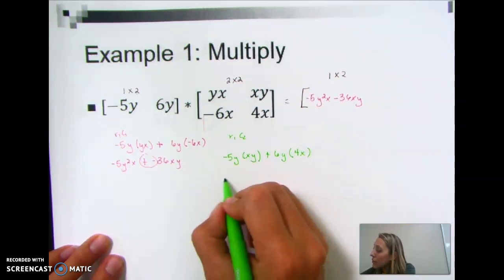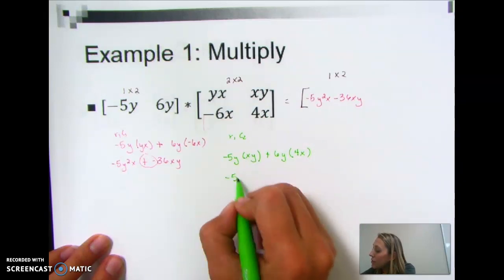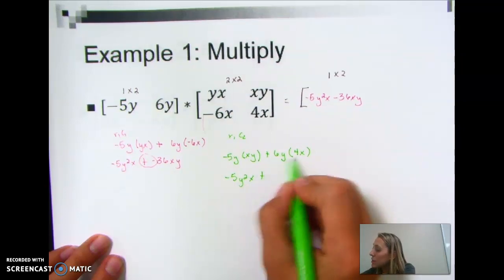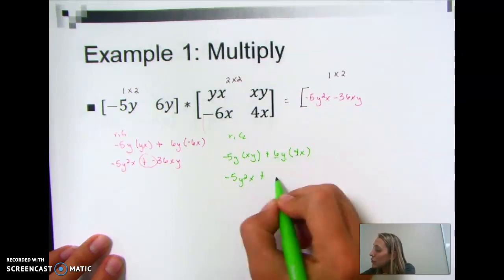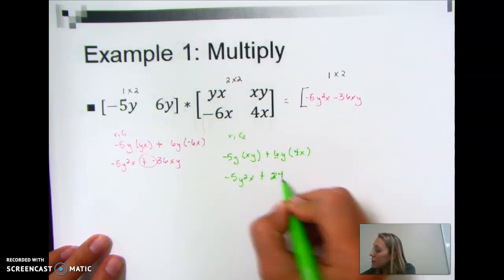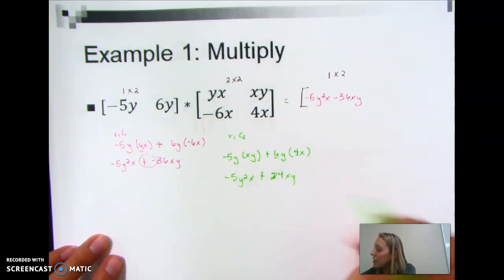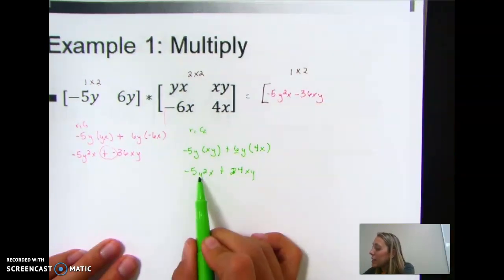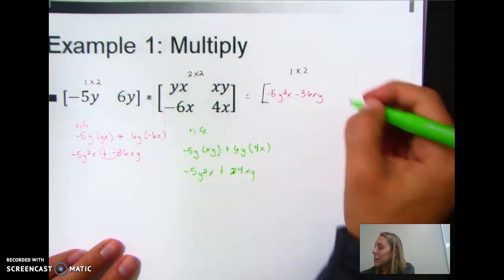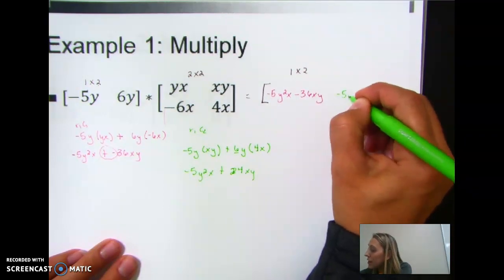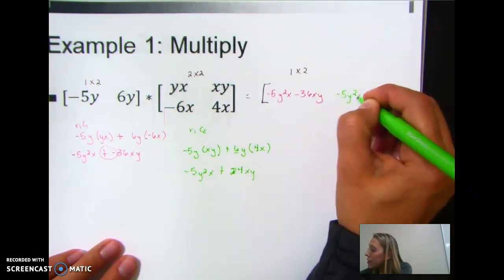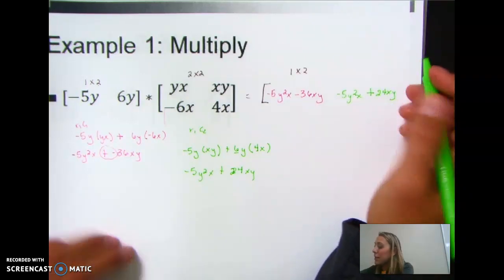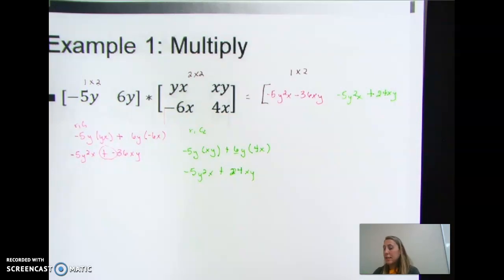I get negative 5, y times y is y squared, and then I have x, plus 6 times 4 is 24, so positive 24, and then xy again. There are no like terms to combine, because y squared x is different than xy. So then I'm going to have negative 5y squared x plus 24xy. And that is the end of my matrix. I need to make sure I close that up.